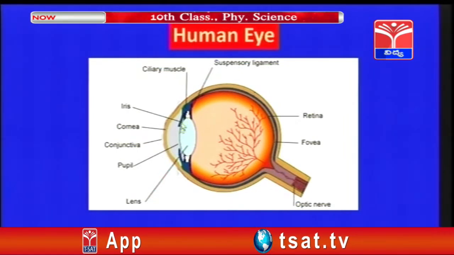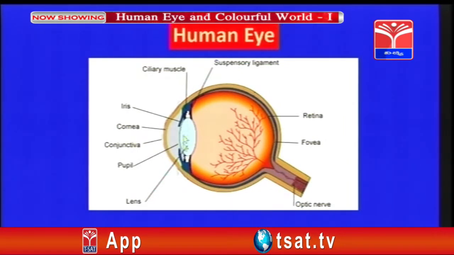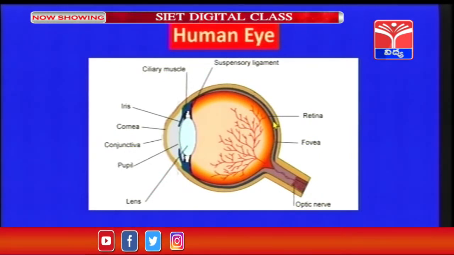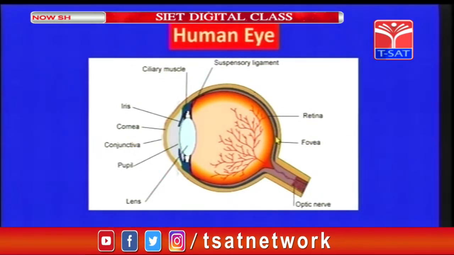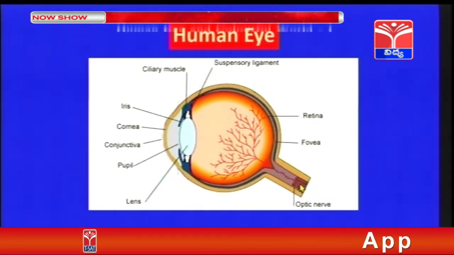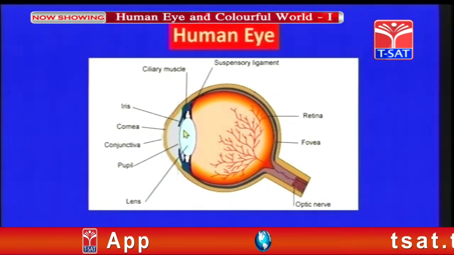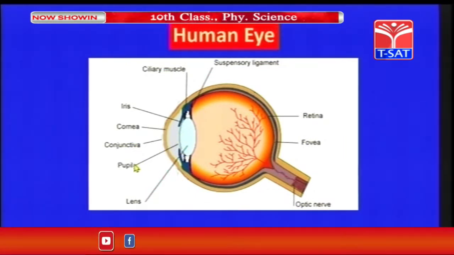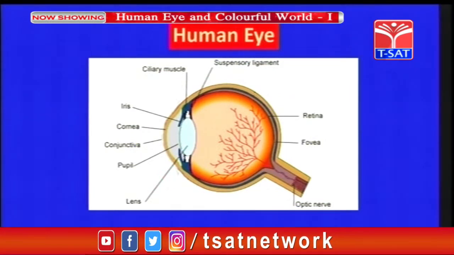And these are the iris, the ciliary muscles, and this is the retina on which the image is formed, and this retina is connected to the optic nerves which send the signals to the brain. Here is a small portion of the eyeball, the dark part, known as the pupil. The iris makes the pupil a variable aperture.